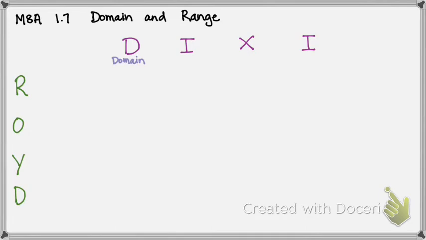I stands for the set of all inputs. The X stands for the set of all X coordinates. Okay, so if you think back to that relations video, coordinates, not coordination, coordinates. How about if I fix that?